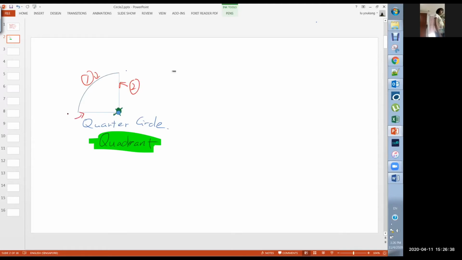So which one is the one? Repeat the definition. Then show me. From the center of the circle to the perimeter. So which one is the one? Which one is the radius in this case? Here. 1, 2, 3.